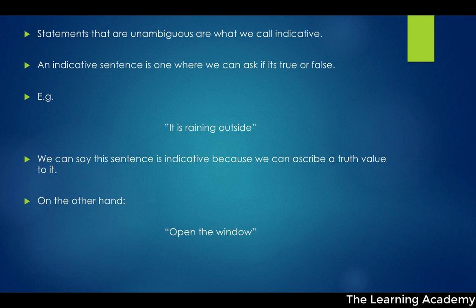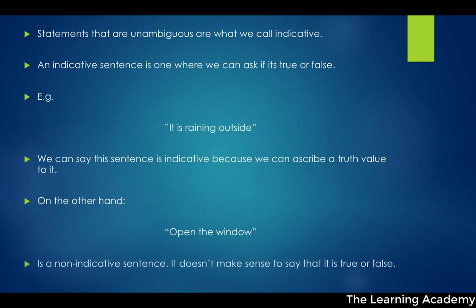It's something different. When we have cases of non-indicative sentences, it doesn't make sense to say that they are true or false. Whereas it makes sense to suggest that "it is raining outside" can either be true or false. The same cannot be said for non-indicative sentences like "open the window."